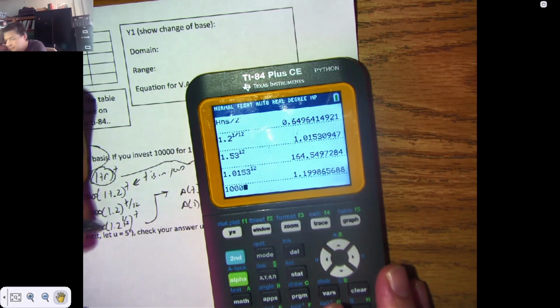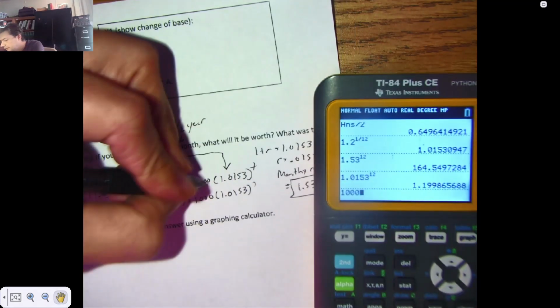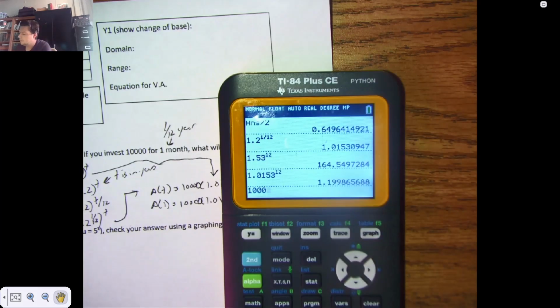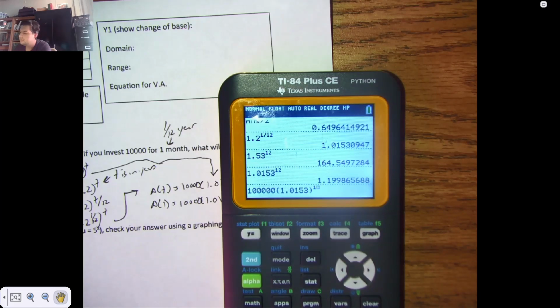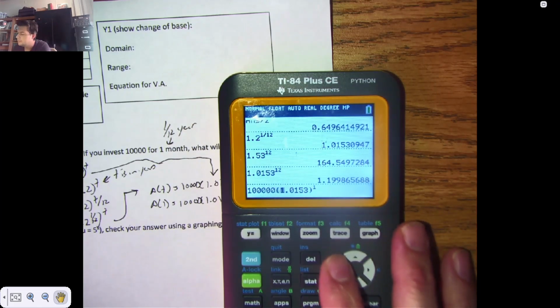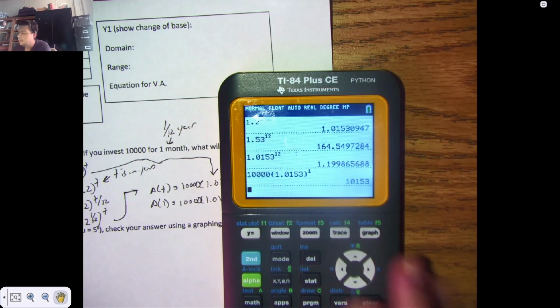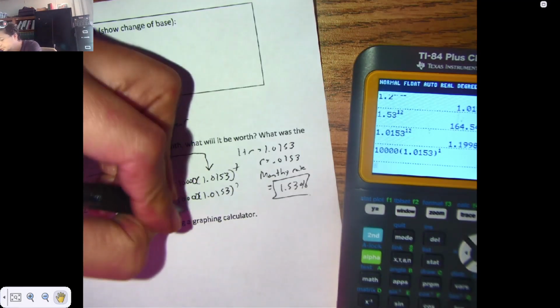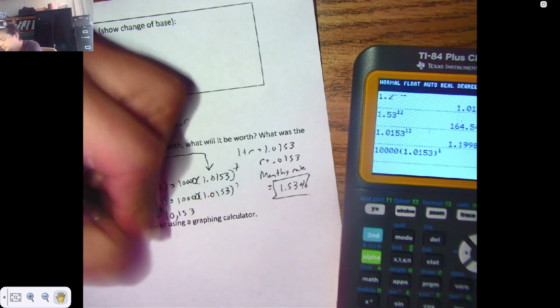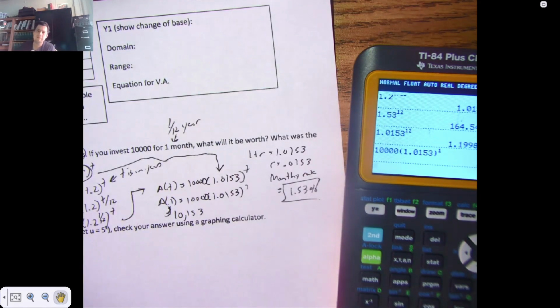Fix that. 10,000 times 1.0153 to the first. You should have $10,153. And you do. A lot of times I leave stuff off. Stupid hands just don't keep up with my head.